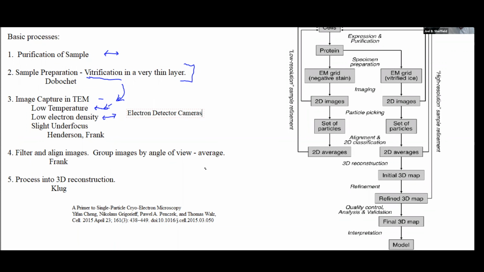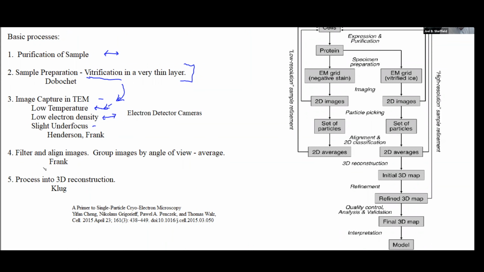But the other is something rather bizarre: if you focus slightly off, under focus, you actually increase the contrast. Some of you may have had that experience if you're using even a regular light microscope, that what looks like it's in focus is slightly under focused, because when you're a little bit under focus, your sample ends up with a slightly enhanced fringe around it.